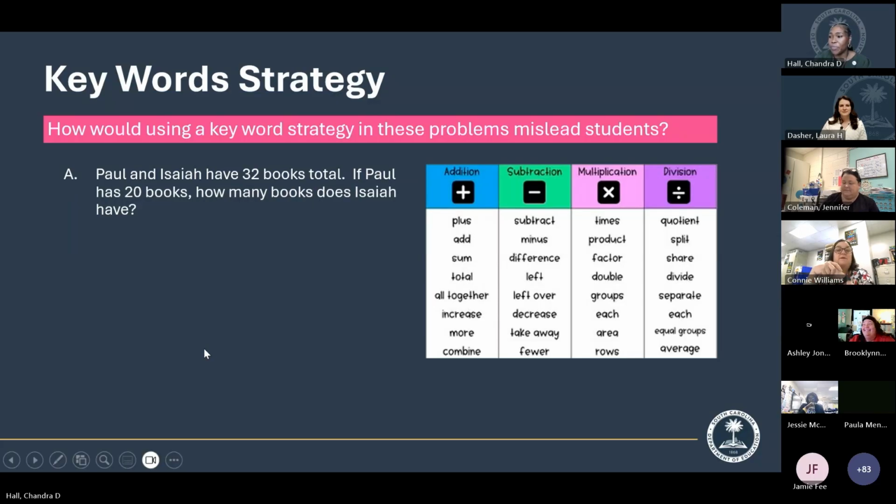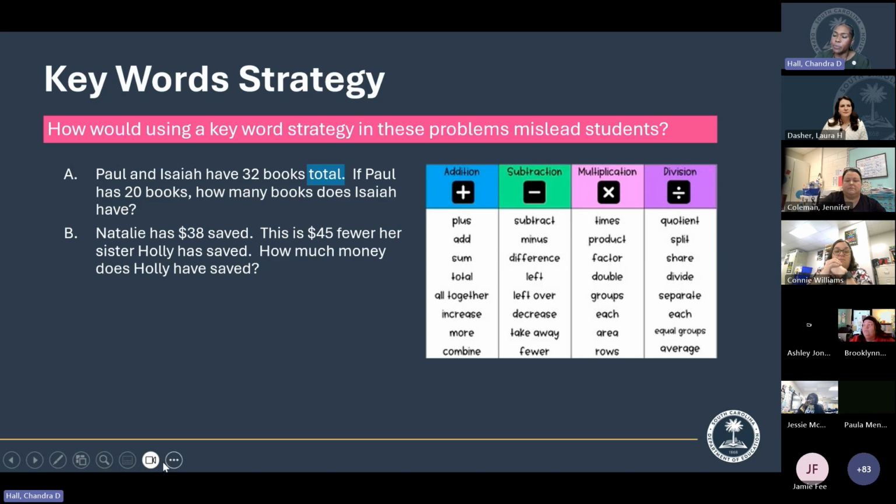Volume. Okay, and so that tells us that we need to add, right? Typically, if we're just using keywords. But is that what they're required to do here? This is a problem that would actually require them to subtract.